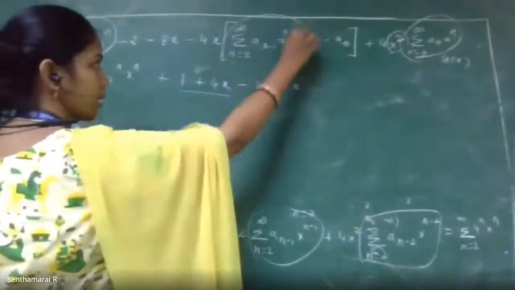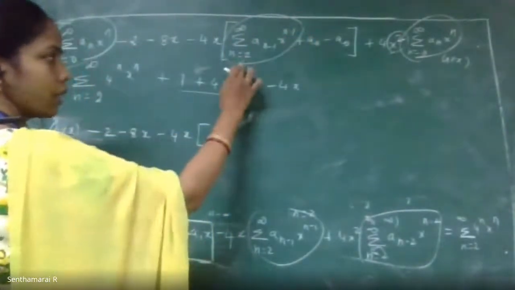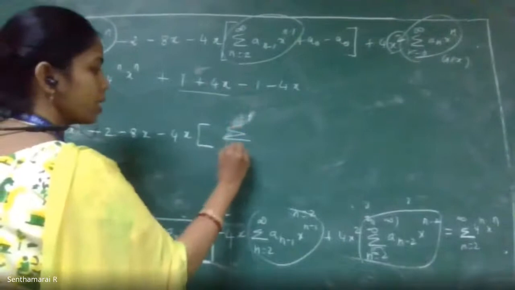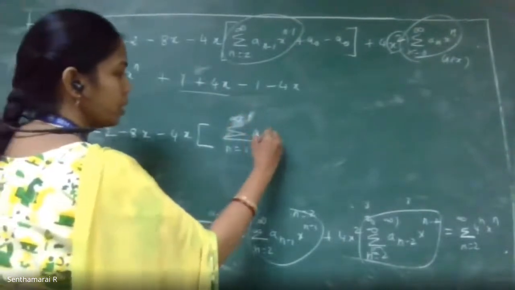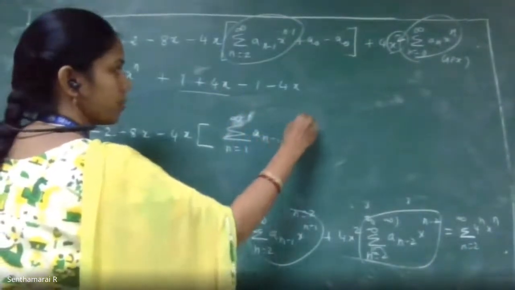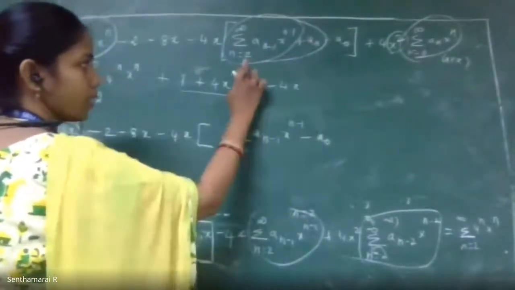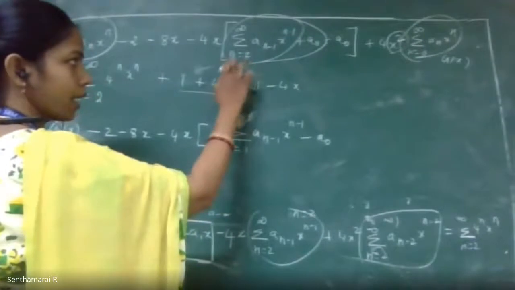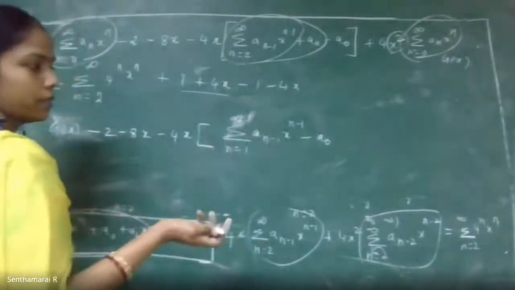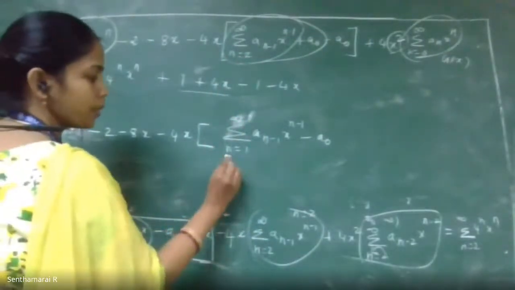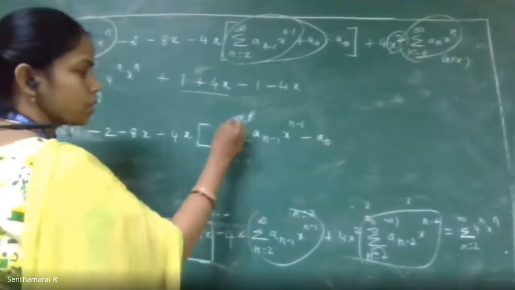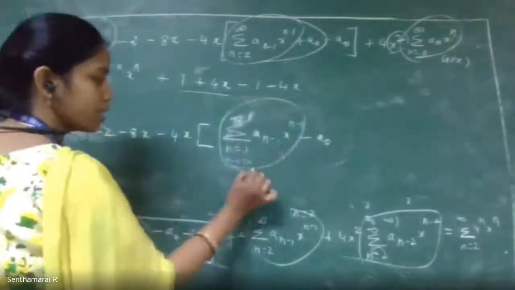How can you write this one? Here I'm going to rewrite n equal to 1 to infinity a n minus 1 x power n minus 1 minus a naught. When I add this a naught, I can write n equal to 1 to infinity, which means n minus 1 equal to 0 to infinity, so that this is nothing but g of x.